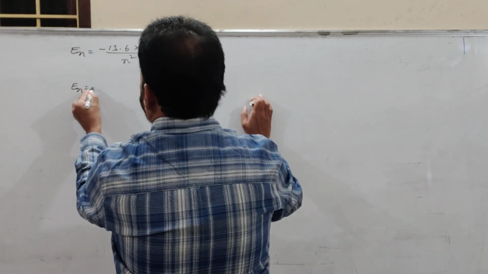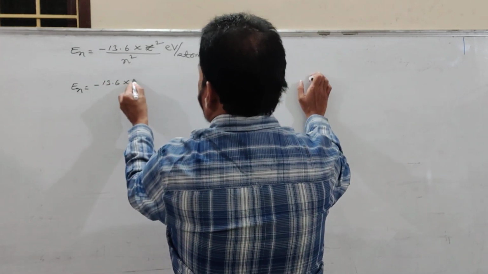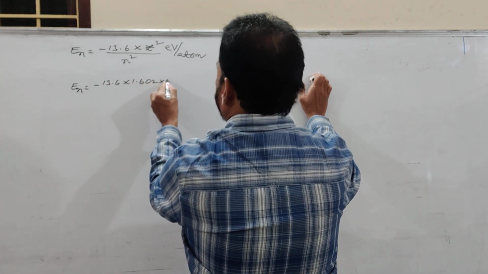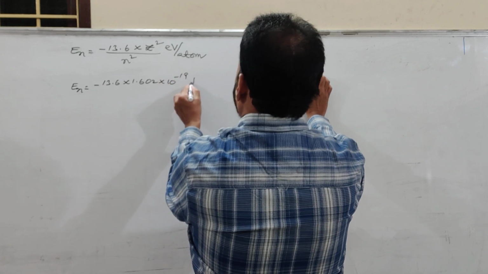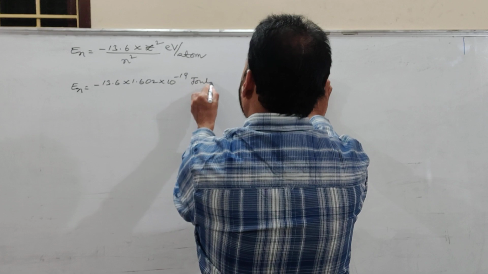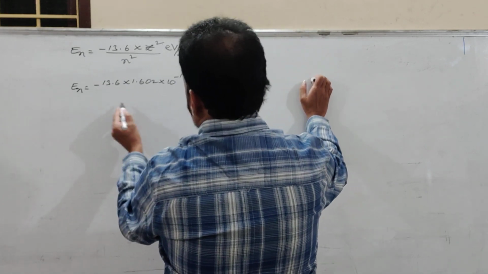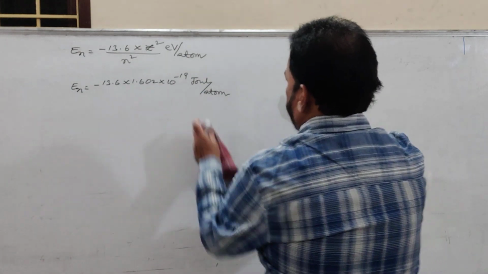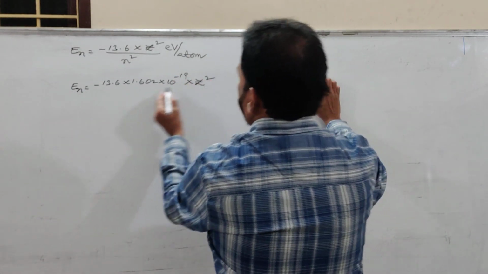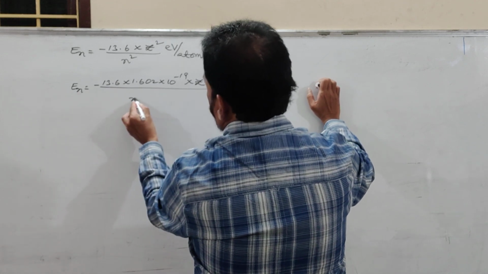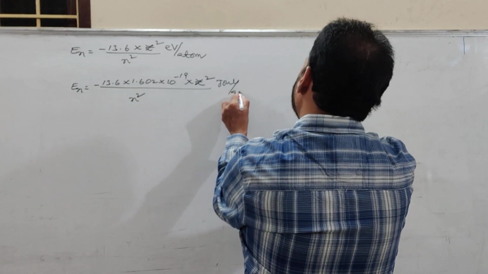Dear students, minus 13.6 into 1.602 into 10 power minus 19 joule per atom into Z square by N square joule per atom.